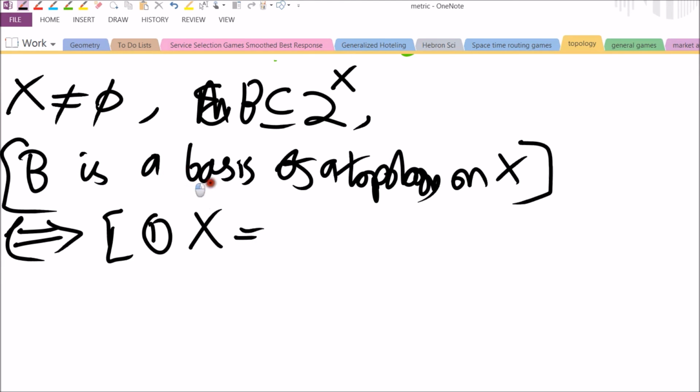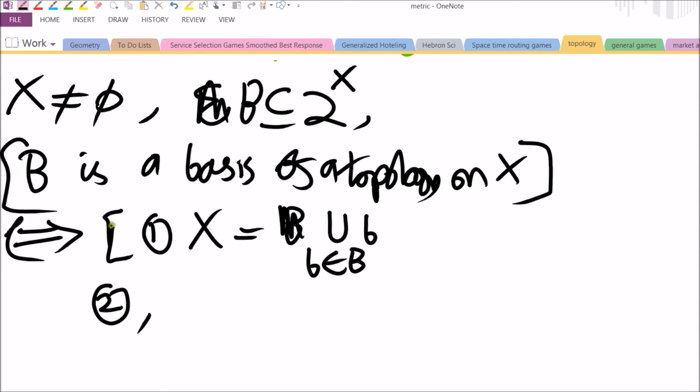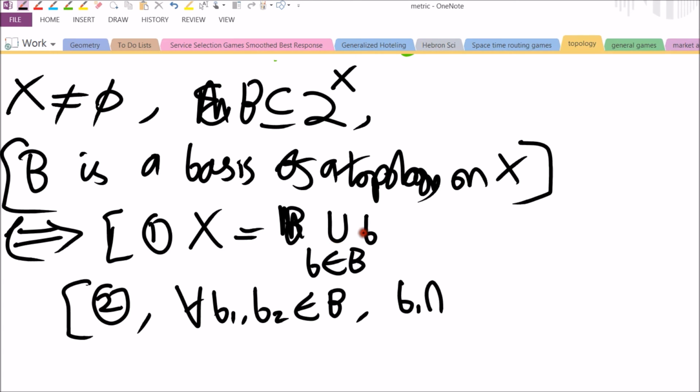Firstly, we want to have that the entire set is equal to the union of elements from B. And secondly, if we take any pair of elements from B, then the intersection of those elements is the union of some elements from B.